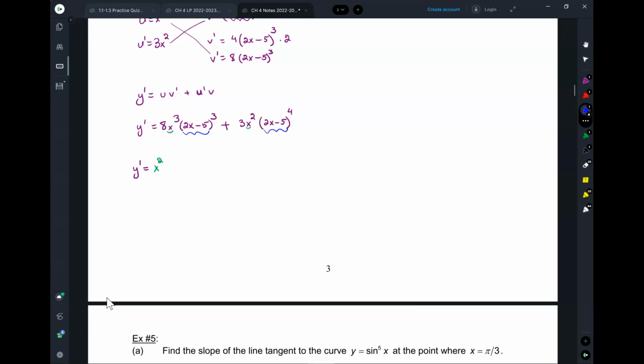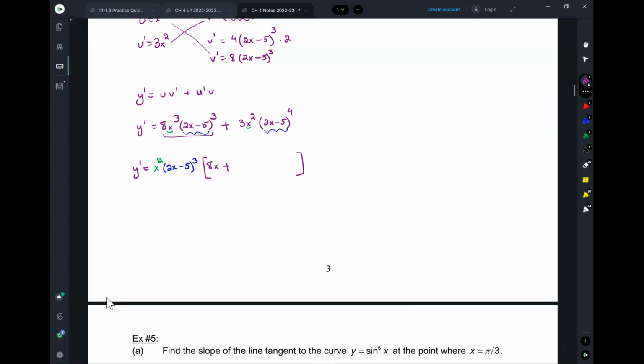I can factor out 2x minus 5 to the 3. So when I factor it out, let's see what I got left. From this term, I took out an x squared, so I have the 8 left. I took out an x squared from the x cubed, so I've got 1x left. I took out 2x minus 5 cubed, so all that went away.